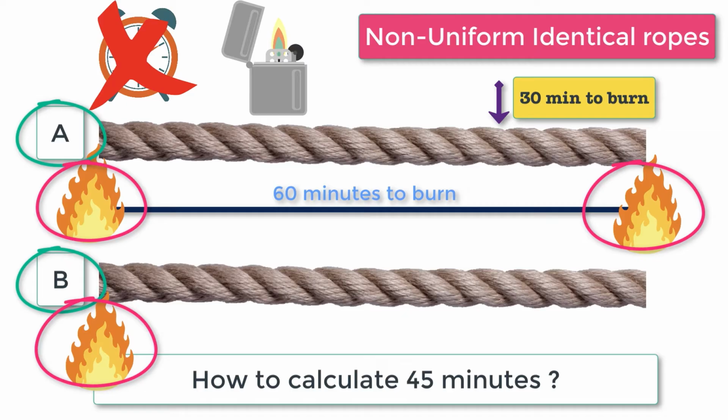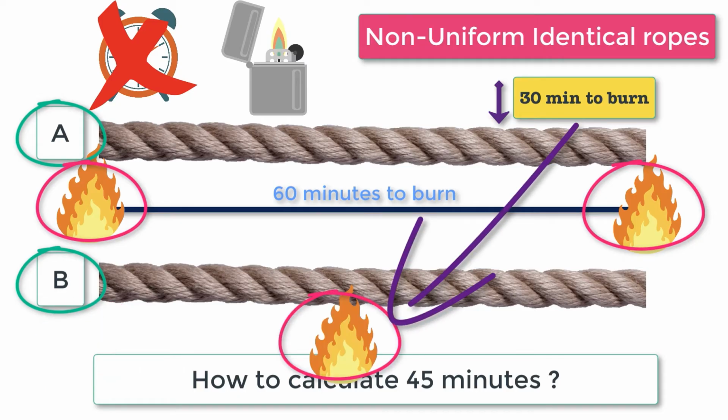So rope A will completely burn in 30 minutes, because it is lit from both ends. So when rope A is burnt completely, you have already measured 30 minutes. But rope B would have burnt for 30 minutes. It does not mean that rope B is fully burnt, but it has already burned for 30 minutes and the remaining portion of the rope will burn in another 30 minutes.